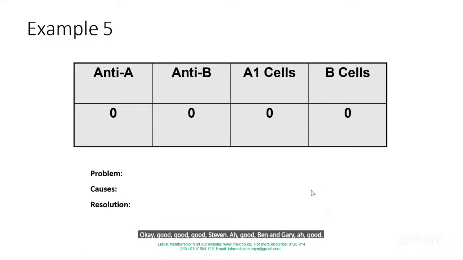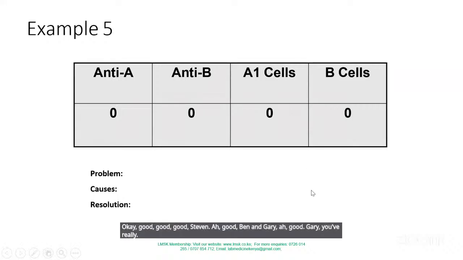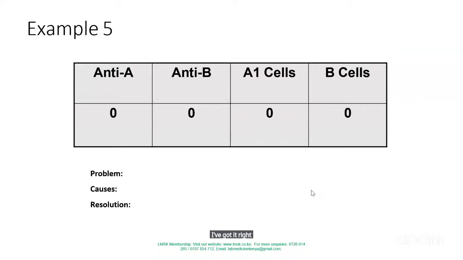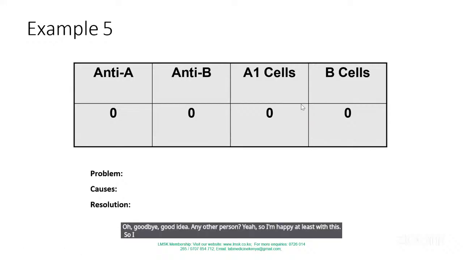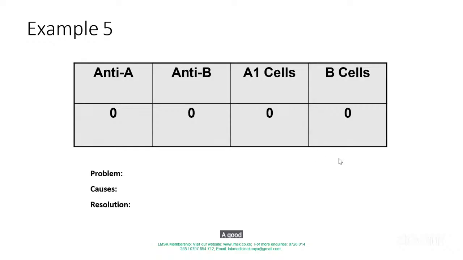Ngare, you've really got it right. Good, Kiplagat. Ochieng. Any other person? So I'm happy at least with this. So assume the tubes are labeled correctly. Calvin, what could be causing this? Good, Loba.